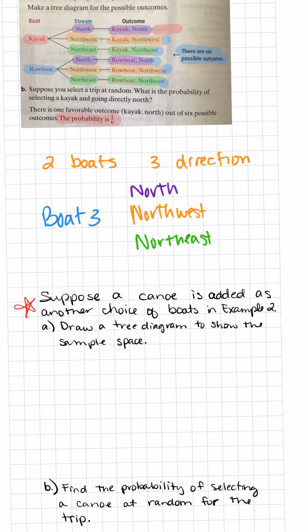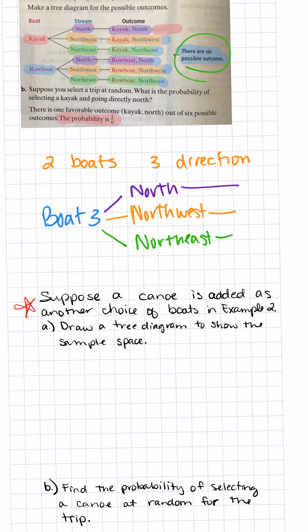So this is going to be another option, and this is going to be another option, and this is going to be another option. So we're going to add 3 options. So before there were 6.